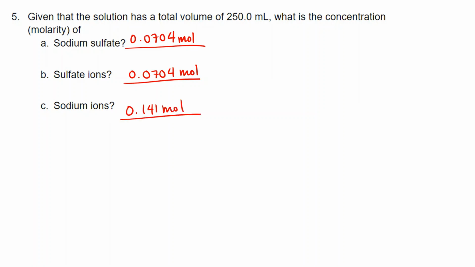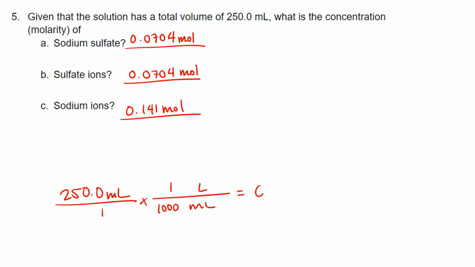So I got to divide each of these by my liters. We were given 250 milliliters. So we're just going to convert this from milliliter to liter by dividing by 1,000. So I need to divide all of these by this value.